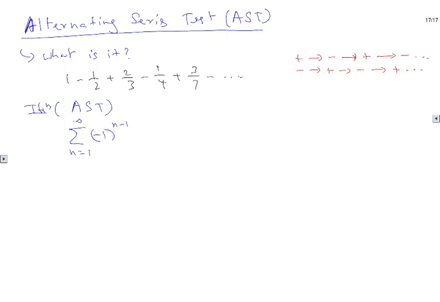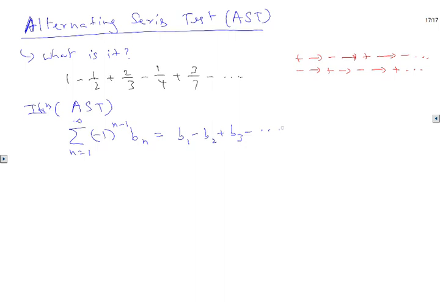I start with a plus sign here, but it doesn't matter. It can be n, or n minus 1, or n plus 1. The only thing is you have to change the sign. If you expand it, it looks like b1 minus b2 plus b3 minus, like that.